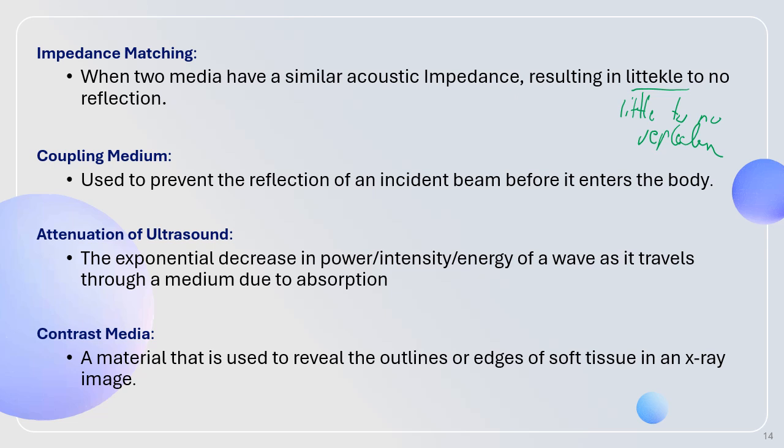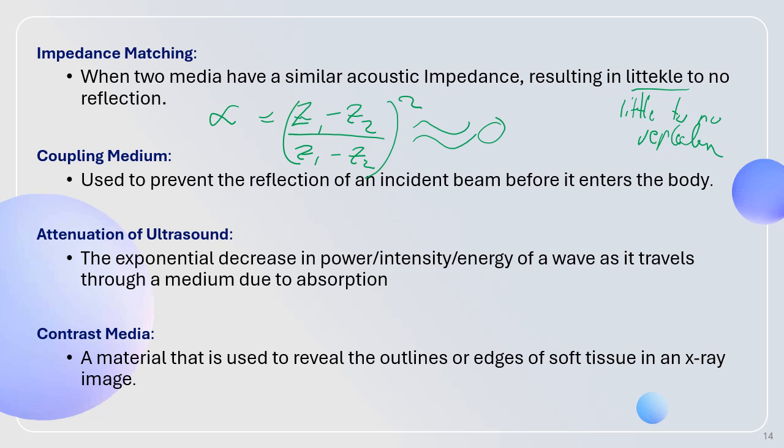So remember, our alpha was the difference between Z1 and Z2, over Z1 plus Z2, squared, like that. So if Z1 and Z2 have a small difference, this will approximately be equal to 0, which means most of the incident ultrasound wave will actually be transmitted.